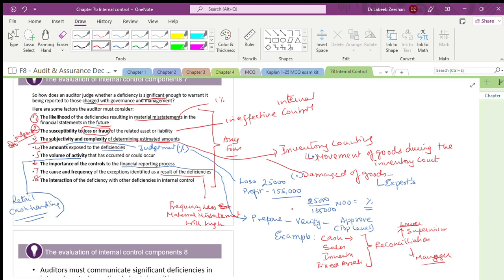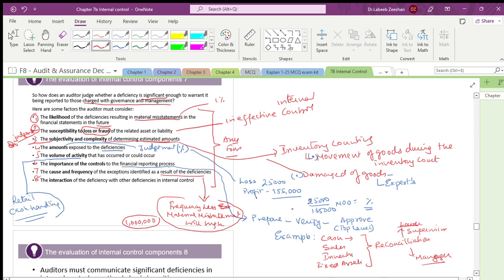Once in a while something happens in the internal control, but that once in a while it involves a huge amount. Assume a material misstatement of 1 million. That is, the frequency is less but the amount is more.